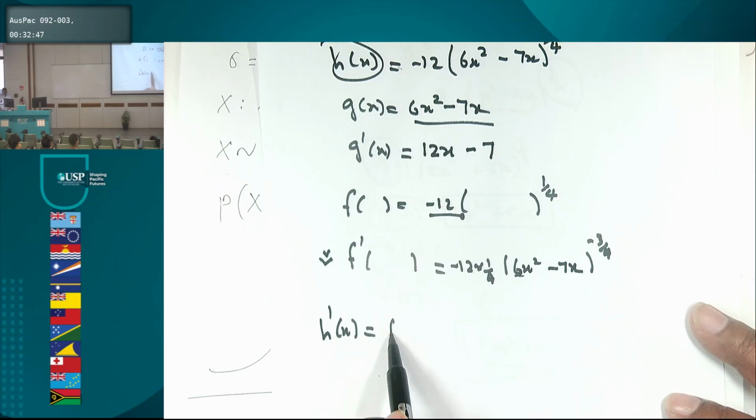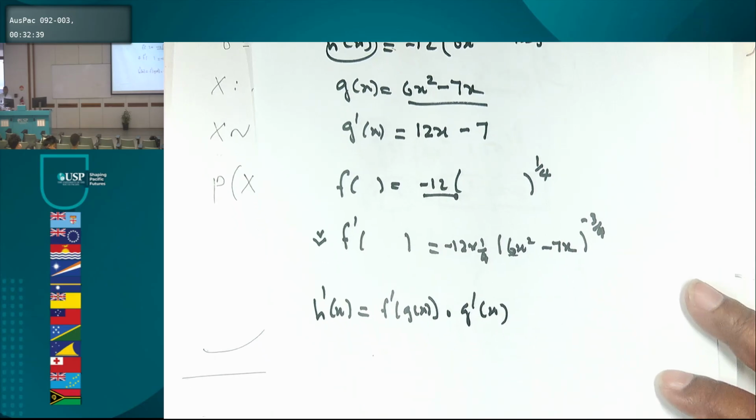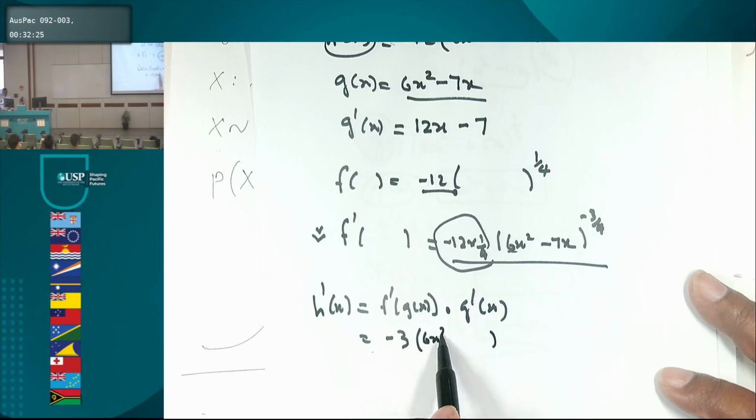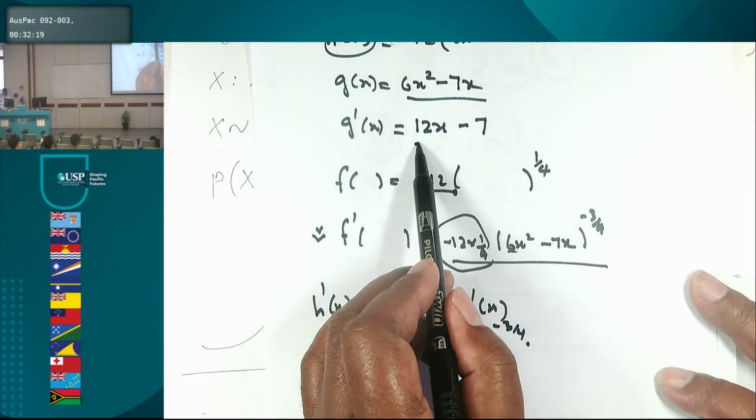And from here onwards, because you've got h x is equal to f dash g x times g dash x. What's f dash g x? Oh yeah, we can multiply this too. What does it give us? Negative 3. Multiplied by g dash. Where's g dash?